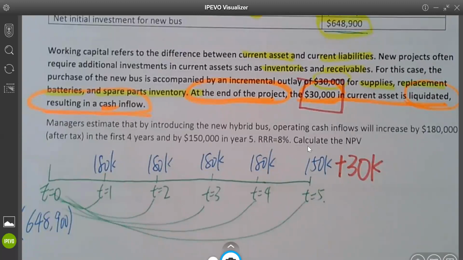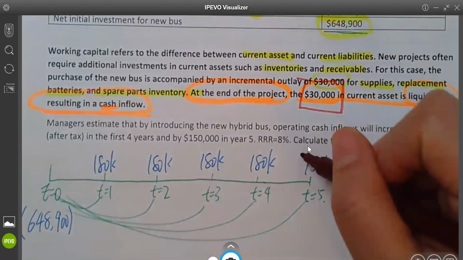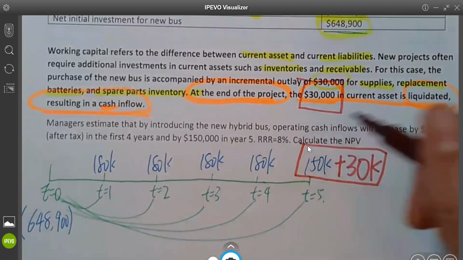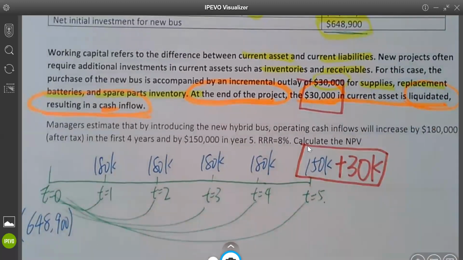I think you are very smart, you know the other parts. So in the 5th year, you have 2 cash inflows: 150,000 from the operation and 30,000 from liquidation of your working capital. Okay, now I have no secret to hide, right?